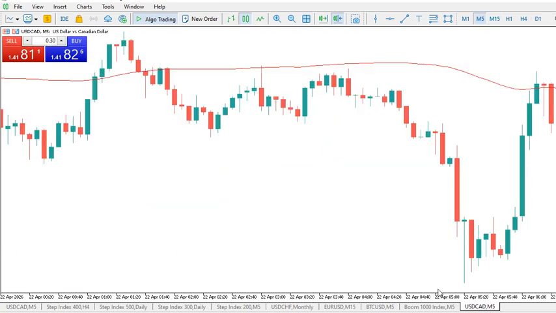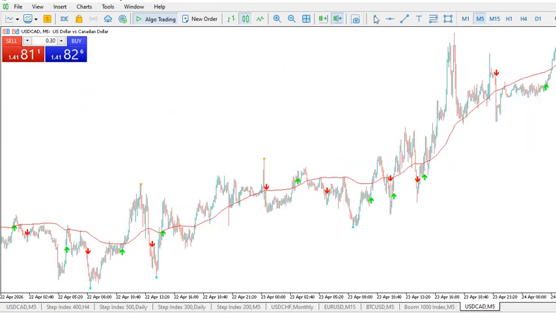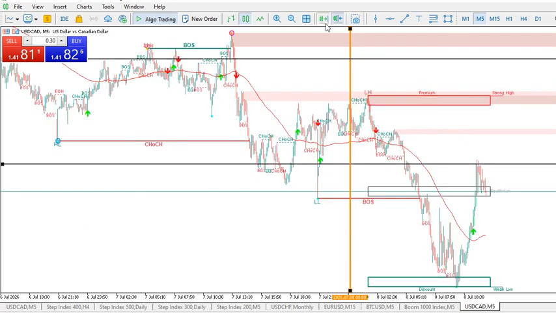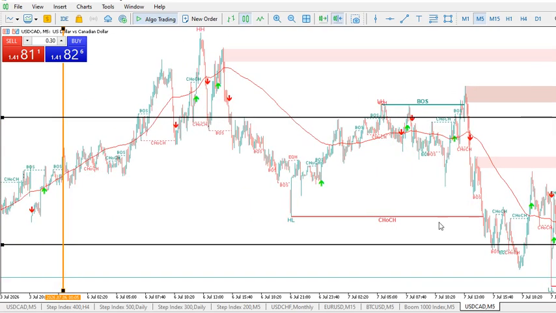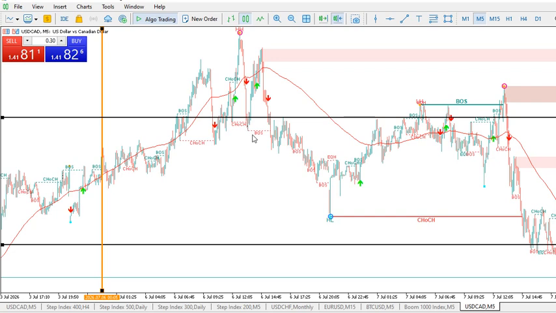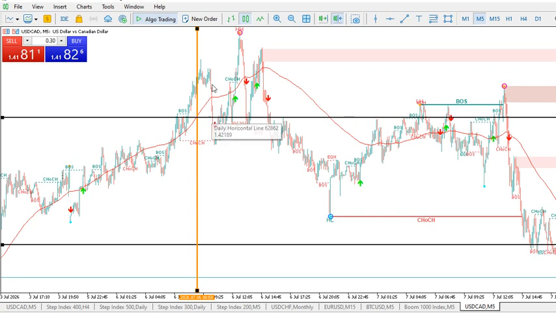So we'll go now to our entry. Again, we had another similar scenario, where we had an entry here, took us out, but that's okay because we had another entry up here.